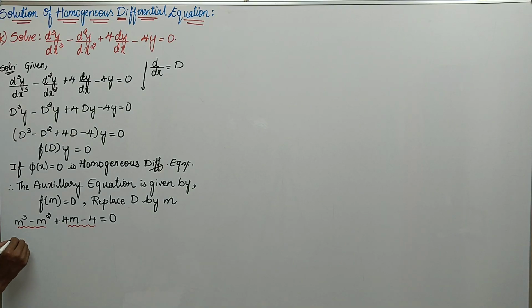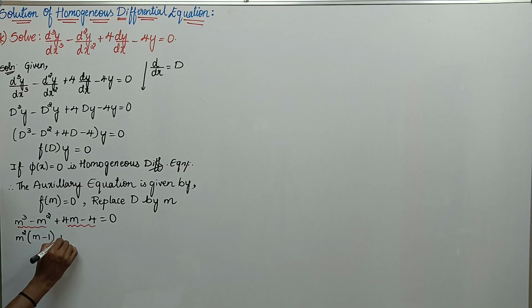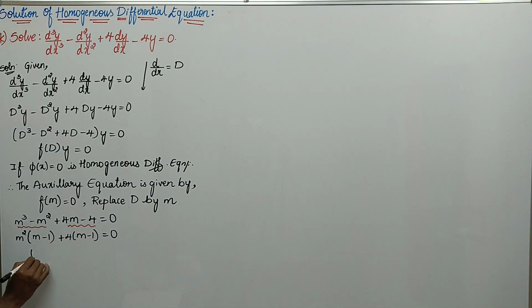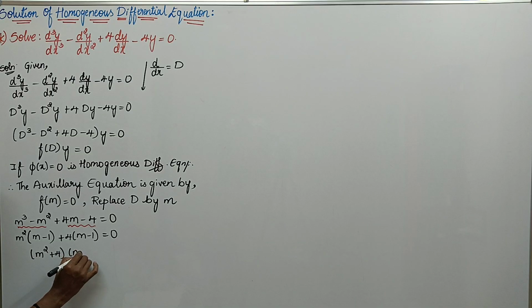If I take m square as common, you get m minus 1. Here, if you take 4 as common, you get m minus 1. The factors are m square plus 4 and m minus 1 equal to 0.